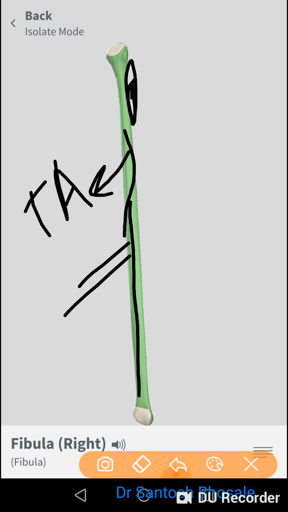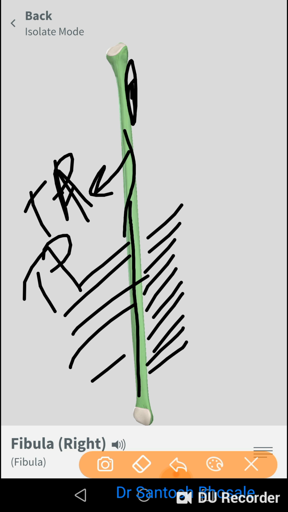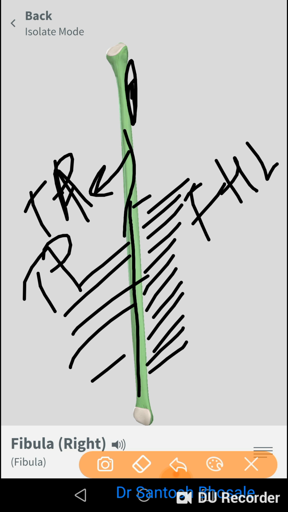The medial area will give attachment to tibialis posterior, including this concave area. Sorry, this is tibialis posterior, whereas the remaining part will give attachment to the flexor hallucis longus muscle, which is similar to flexor pollicis longus of the upper limb.